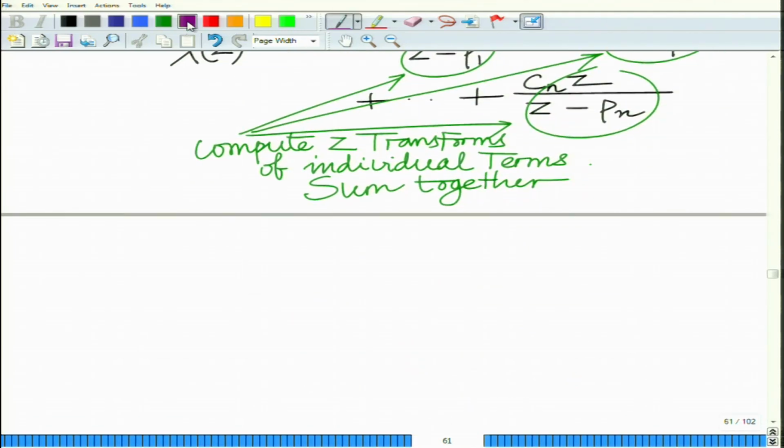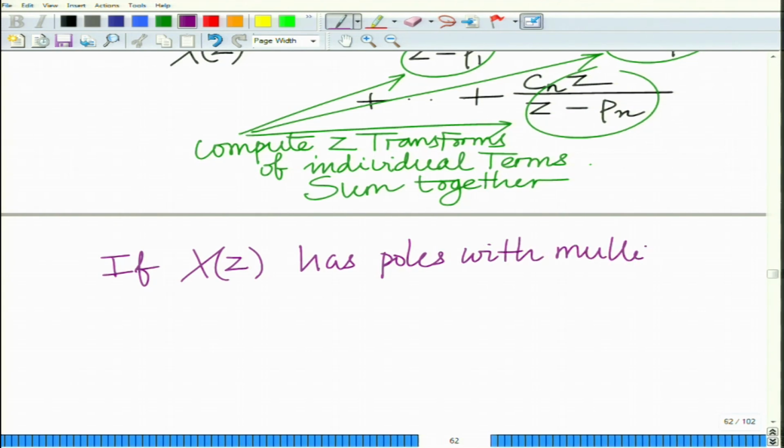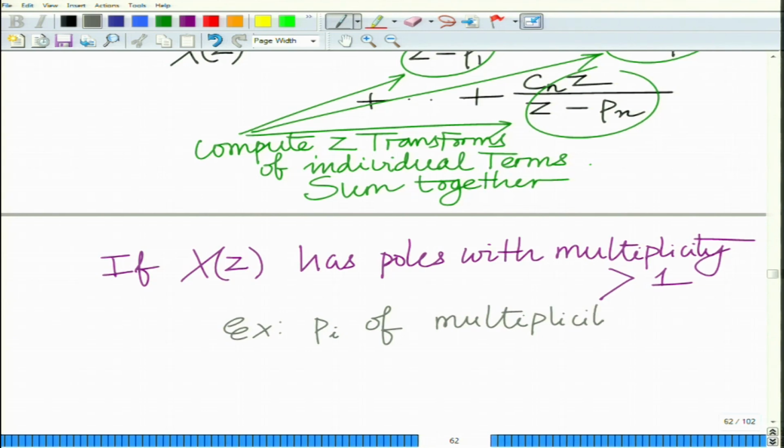Now, if X(z) has poles with multiplicity greater than 1, for example a pole pi of multiplicity R. Multiplicity greater than 1 means repeated poles, that is, you have terms of the form (z minus pi) squared for multiplicity of 2, or (z minus pi) cubed for multiplicity of 3.